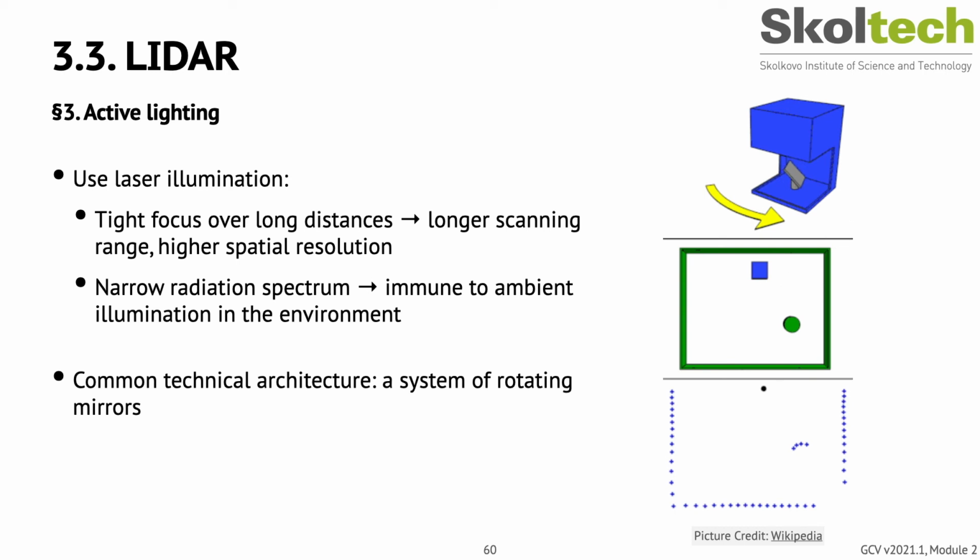The first property allows us to make very tight beams or narrow stripes to improve the resolution of our systems. The second property means that we can achieve relatively high immunity to ambient illumination in the environment. Covered by an optical filter tuned to pass light only at the laser's wavelength, the sensor effectively sees nothing but the reflected laser light.